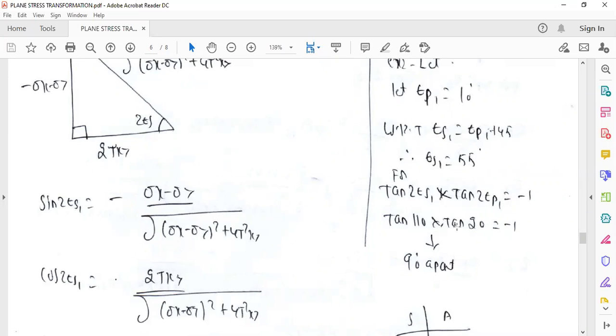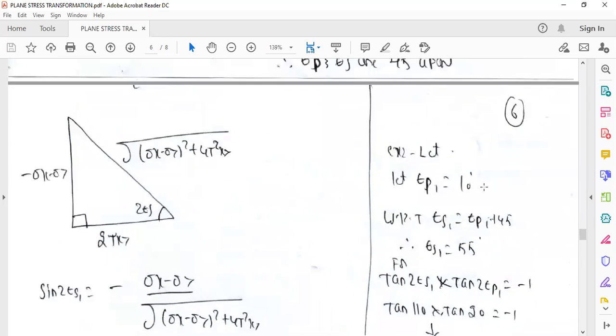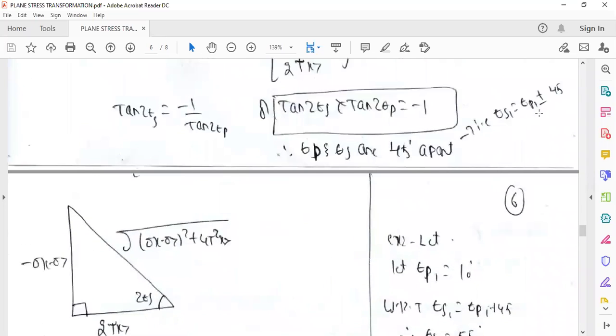The difference between these two lines, 110 degrees and 20 degrees, is 90 degrees. Therefore, this will be equal to minus 1. For tan 2 theta s1 into tan 2 theta p1 to be equal to minus 1, theta s1 and theta p1 should be 45 degrees apart, plus or minus 45 degrees apart, which I will discuss later, when plus and when minus. But you should know that they are 45 degrees apart. Have you understood this?